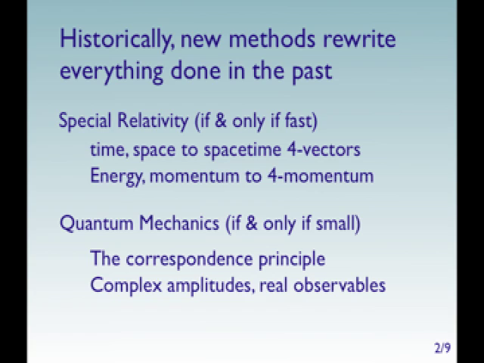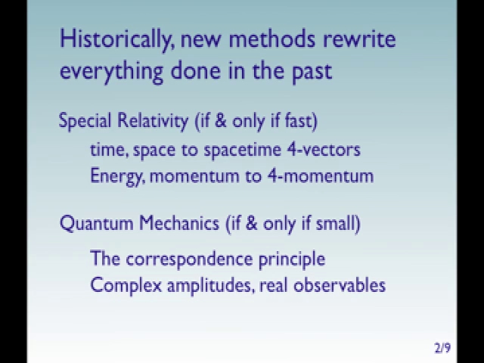Now in quantum mechanics, there is the correspondence principle that says, hey, if you've got a classical equation, I bet we can formulate a nice quantum mechanical one. And they have these complex amplitudes all over the place that you have to square in order to get real observables.